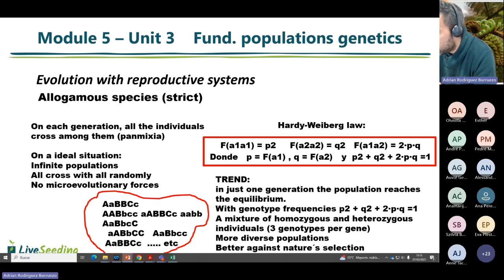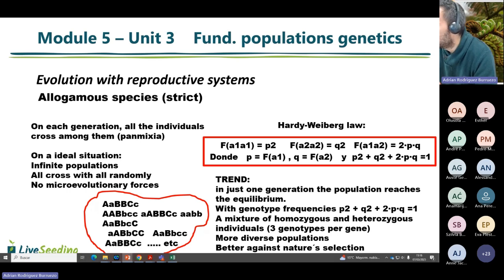I mean, in a strictly allogamous population which follows the Hardy-Weinberg law and its principles, you can use the frequency of allele 1 to estimate the frequency of homozygous A1A1 individuals as p squared, the frequency of allele 1 squared.